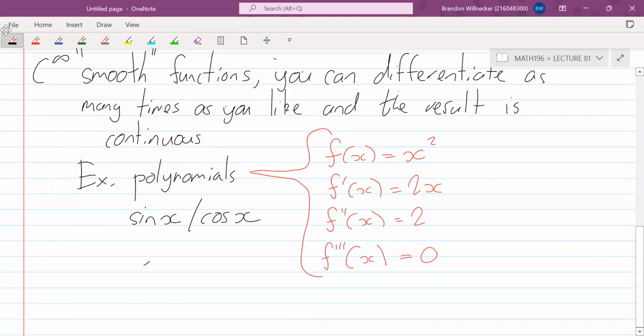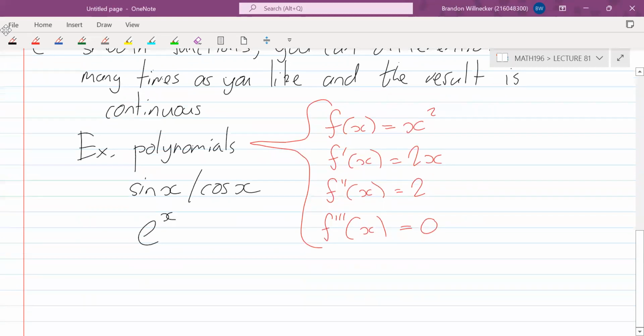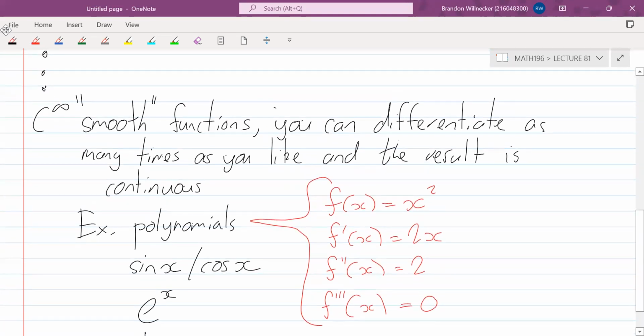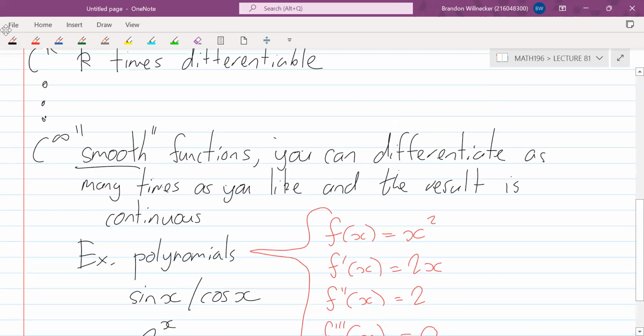Other functions like e to the x are smooth, and 1 over x is also smooth. So there are quite a few examples of smooth, or arbitrarily often differentiable, functions, and we represent that by C infinity.